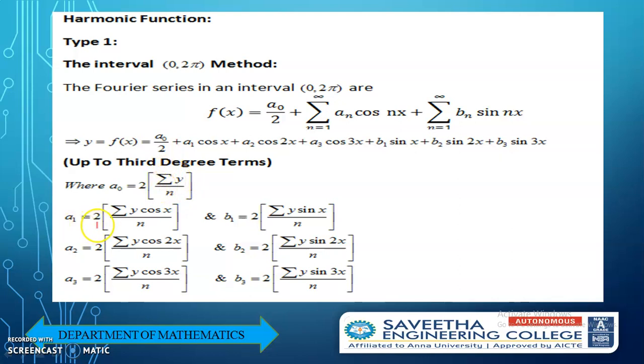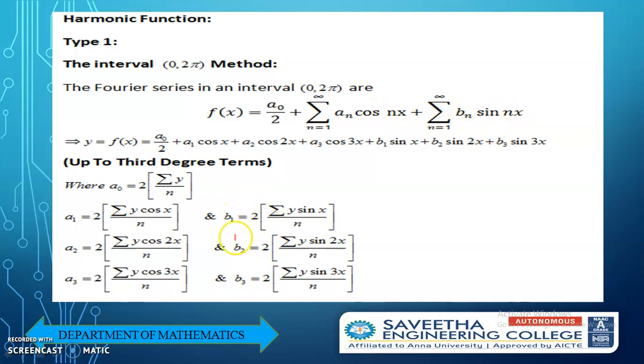Then a1 equals 2 times the summation of y cos x divided by n. a2 is 2 times the summation of y cos 2x divided by n. a3 equals 2 times the summation of y cos 3x divided by n. So a1 means cos x, a2 means cos 2x, a3 means cos 3x. So an stands for cos and bn stands for sin.